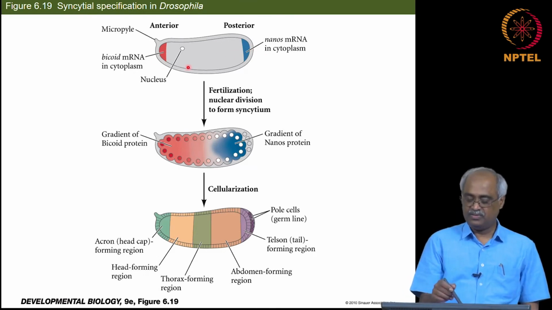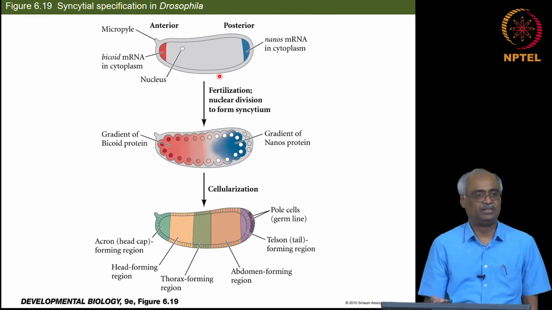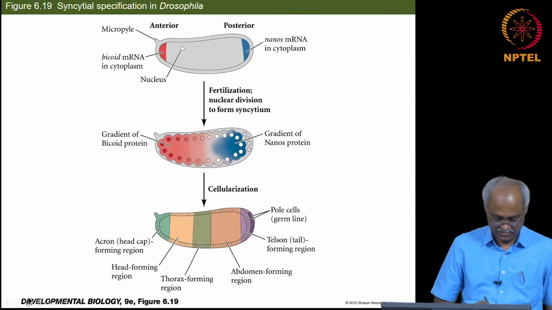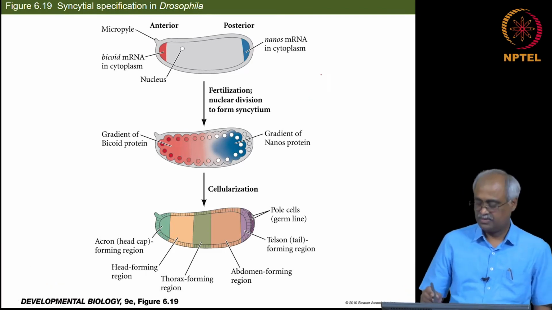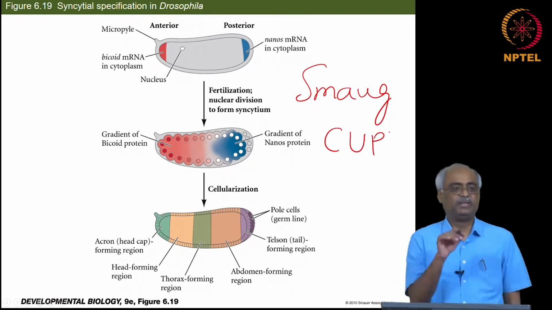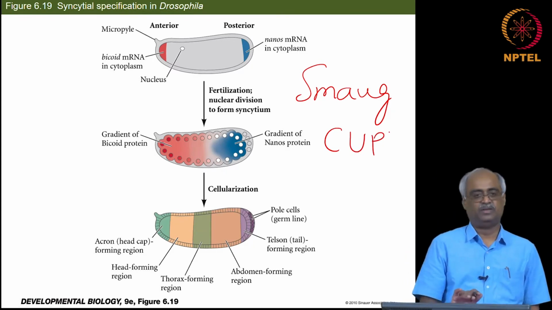And the nanos in the bulk cytoplasm is bound by proteins like Smaug and another one called Cup. These names are not going to be asked, but all of these are there in the book. So these proteins bind to the nanos 3' UTR and prevent its translation in the bulk cytoplasm.